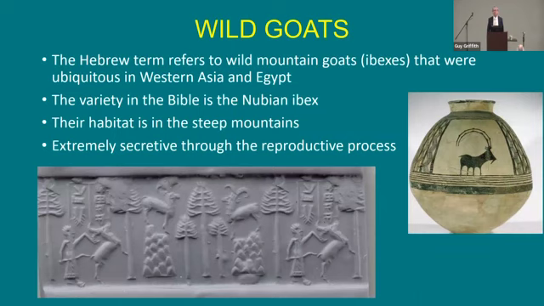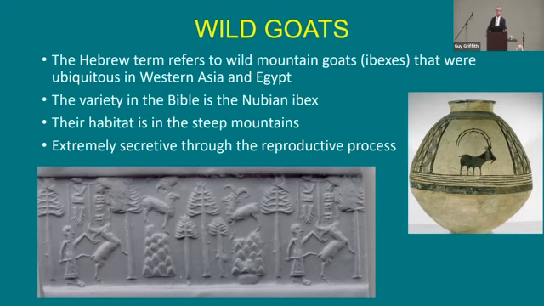Then the next animal is the wild goat, or ibex. The Hebrew term refers to a particular kind of wild mountain goat, ibexes, that were ubiquitous in Western Asia and Egypt. The variety known in Israel, in Palestine, is called the Nubian ibex. The habitat is in the steep mountains. They're extremely secretive through the reproductive process.